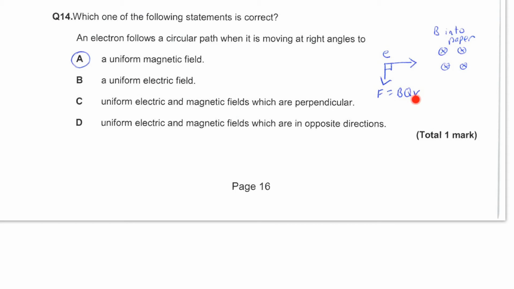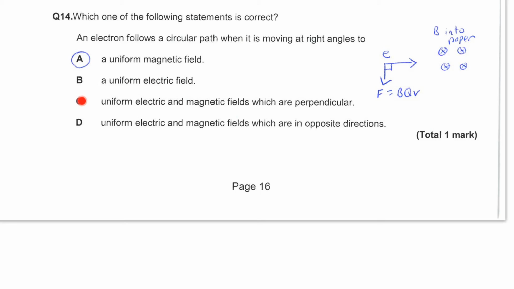But the force would remain downwards all the time rather than changing direction as the path changes. The force would always be from negative plate, say, towards positive. And so that would give you a parabolic path, just like you get when the force of gravity acts on an object that is thrown to produce a parabolic path.